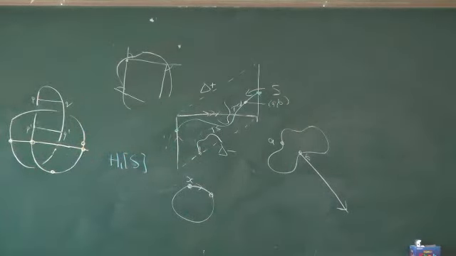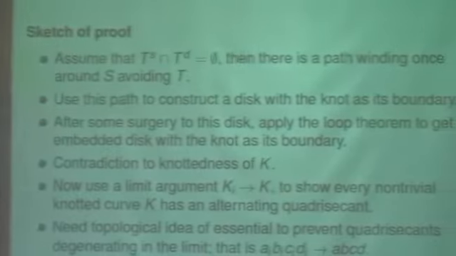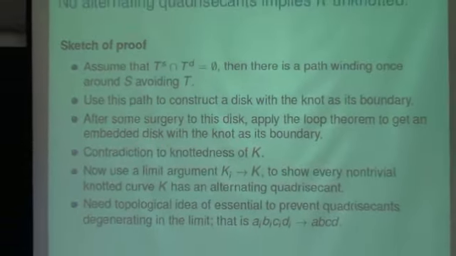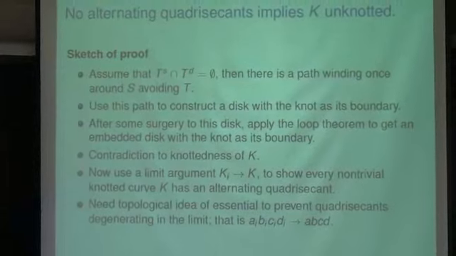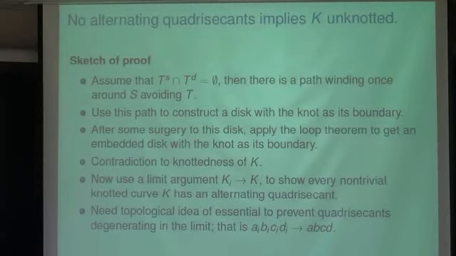Let's skip some more technical details. After some surgery, and some pretty heavy metal theorems from 3-manifold theory, big sledgehammers here, you can get an embedded disk with a knot as its boundary. So I'm lying, I haven't told you any of the details, but it's doable. So this is a contradiction to the knottedness.